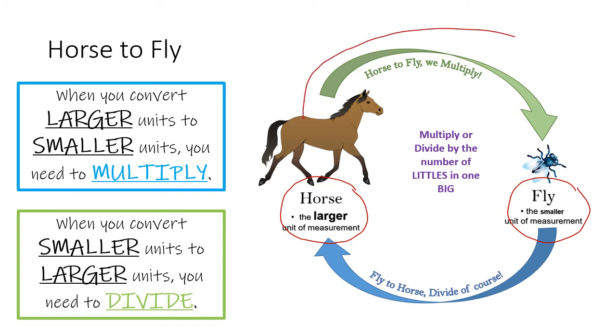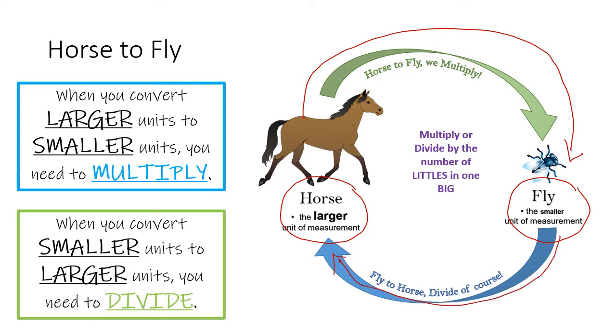So horse to fly, you multiply. When you're going from a smaller unit to a larger unit, your smaller unit would be your fly, your larger unit would be your horse. Fly to horse, divide, of course.